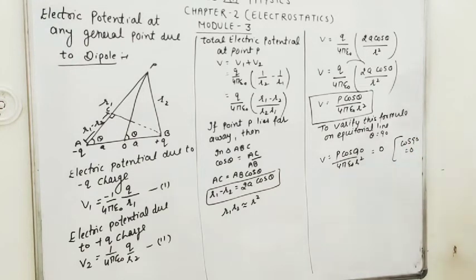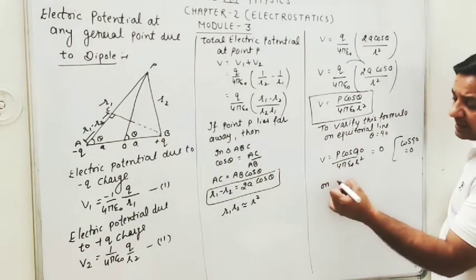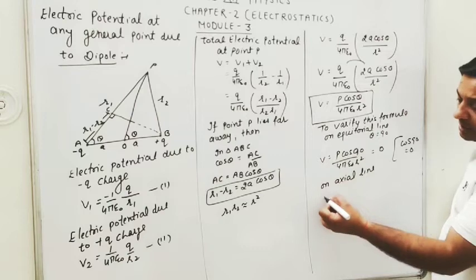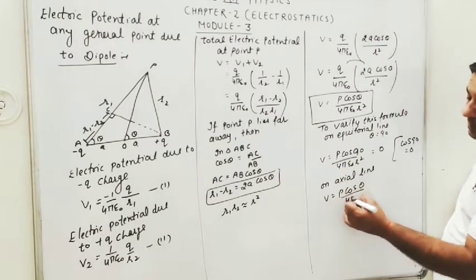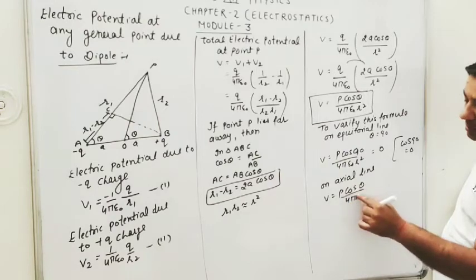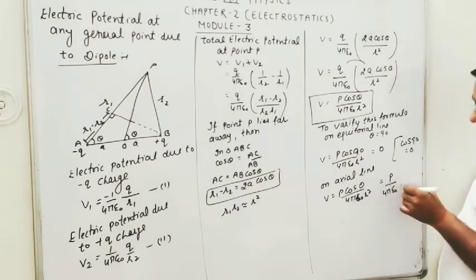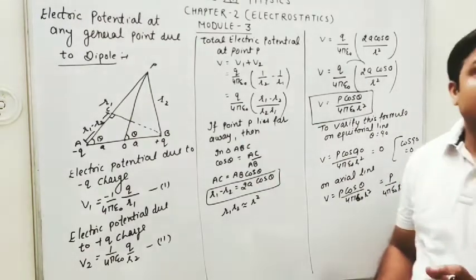And yesterday, in the last lecture, we discussed on the axial line, V is equal to P cos 0 upon 4 pi epsilon naught r square, and that is equal to P upon 4 pi epsilon naught r square, because on the axial line theta is 0. So we have verified both.